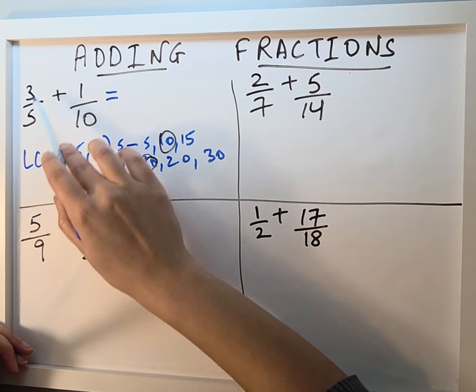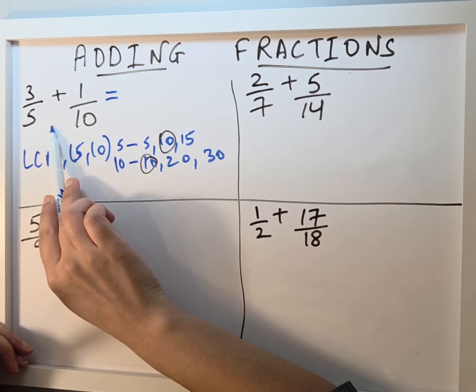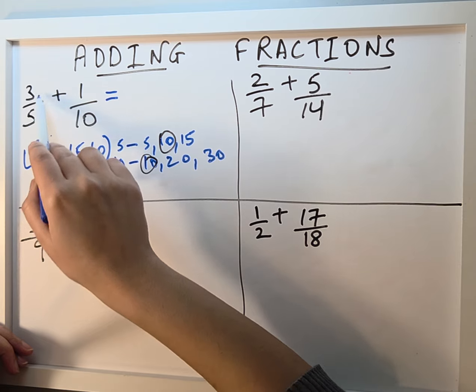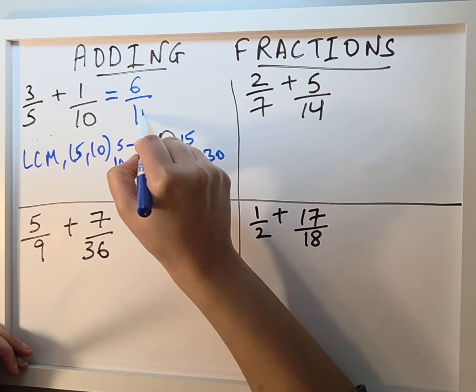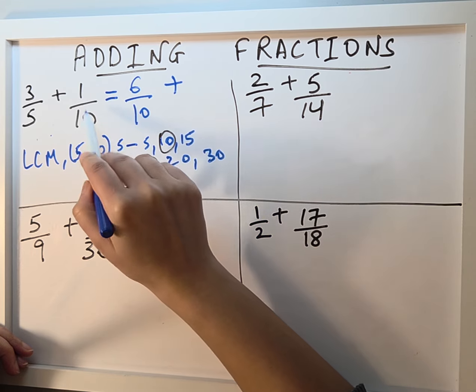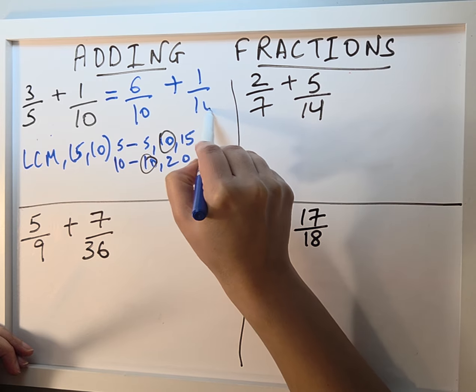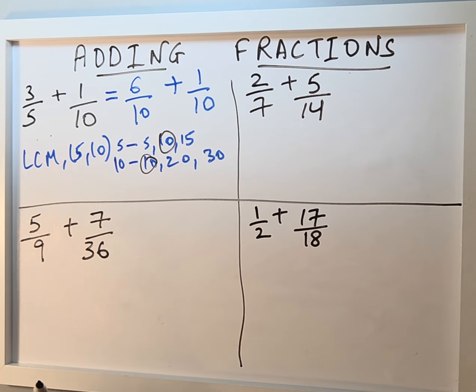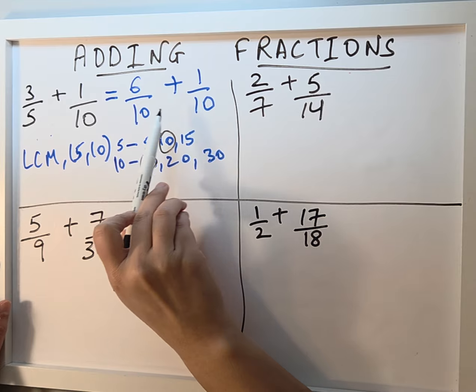For the first one, to make 5 into 10, we need to multiply it by 2. So we multiply both numerator and denominator by 2. 3 into 2 is 6 and 5 into 2 is 10. For the second one, we already have the denominator as 10, so we can keep it as is. Now we can perform simple addition.